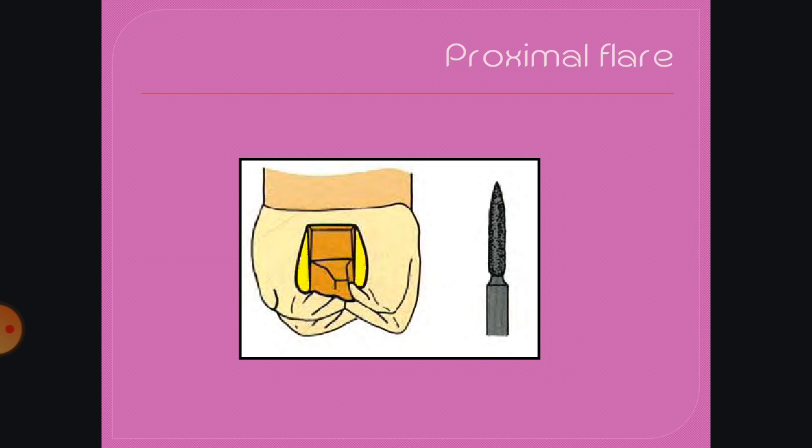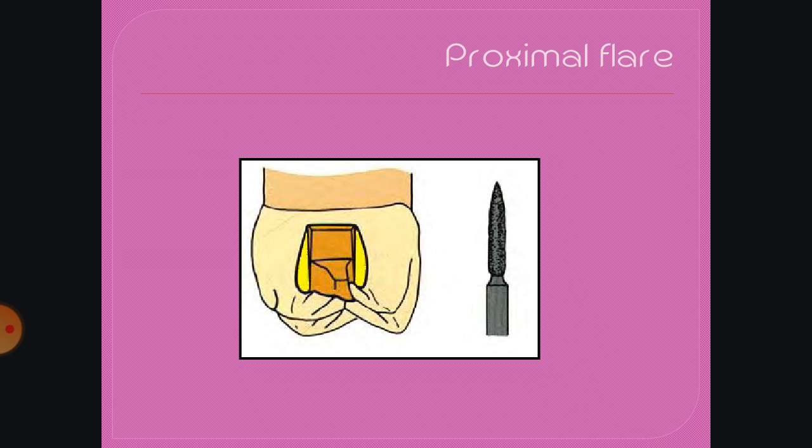That is the one thing you have to remember: it is always narrower at the gingival end and much wider at the occlusal end. So the proximal flare is done with the help of a flame shaped diamond.